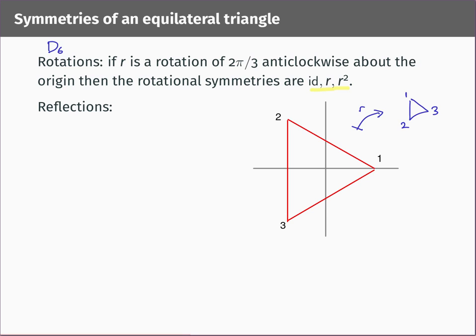Okay, let's now bring in some reflections. We're going to give a name to one reflection first of all. S will be reflection in the x-axis. Another way to express this is reflection in a line through the vertex 1 and the origin.